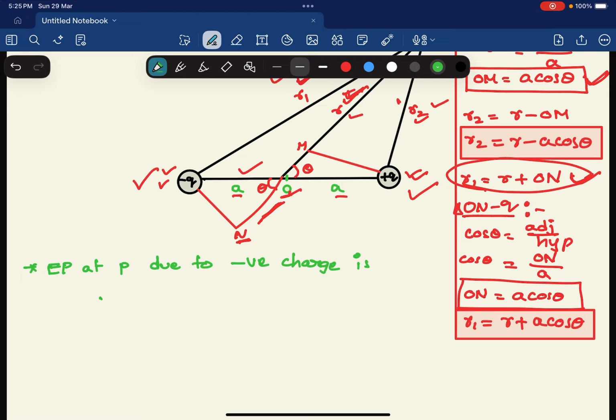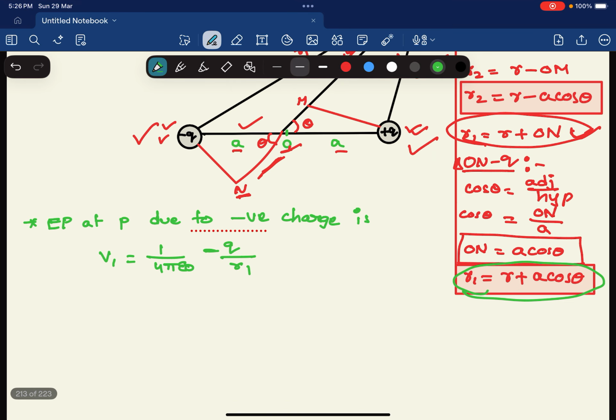V1 is equal to 1 by 4 pi epsilon naught into minus q by R1. Okay, so here R1 formula already we know, so we can substitute there. Which is equal to 1 by 4 pi epsilon naught into minus q by R plus a cos theta. So let us assume this is equation number 1.